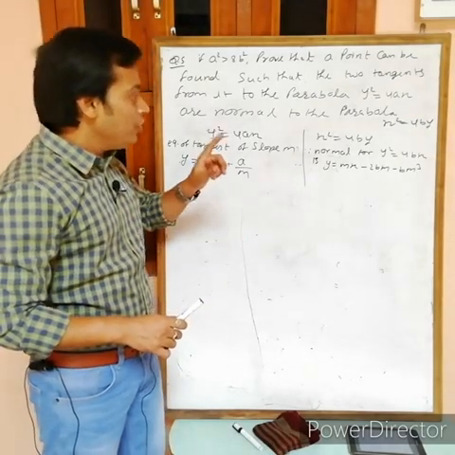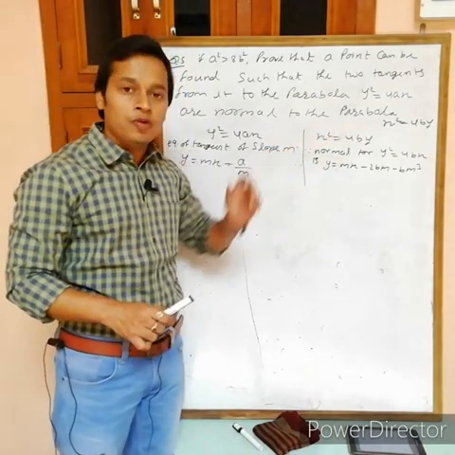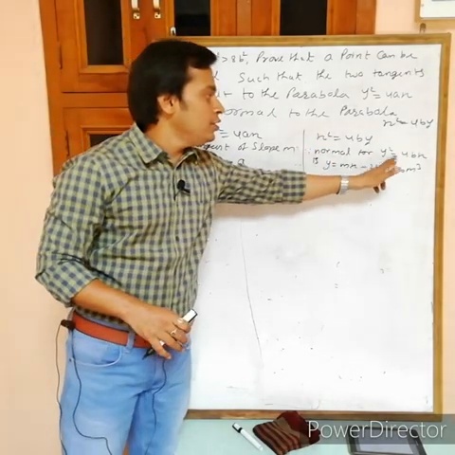But what we want is the normal for x square equals 4by. Now check what is the change in these two.